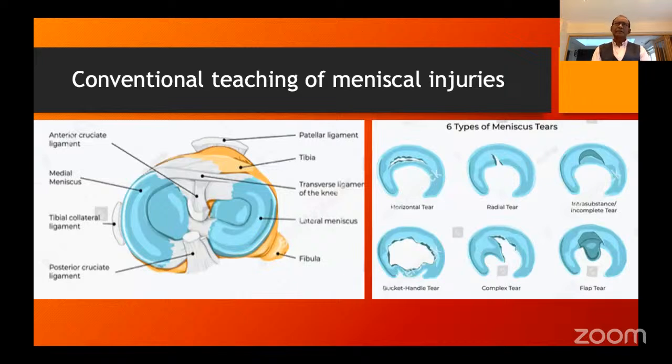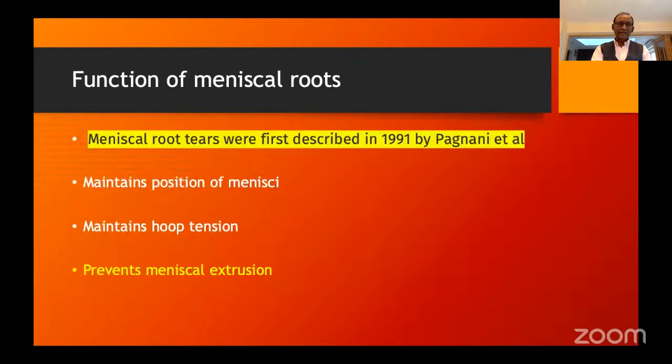Now, again, why are we talking about the meniscal root? Traditionally, if you look at the picture on the right side, when people were teaching us, when I was a young doctor, a junior consultant, or even a junior registrar, we were being taught about different kinds of meniscal tears. But you can see from here that there is no mention of the meniscal root. The meniscal root was first pointed out by Pagnani in 1991, and that's only about 33 years ago.